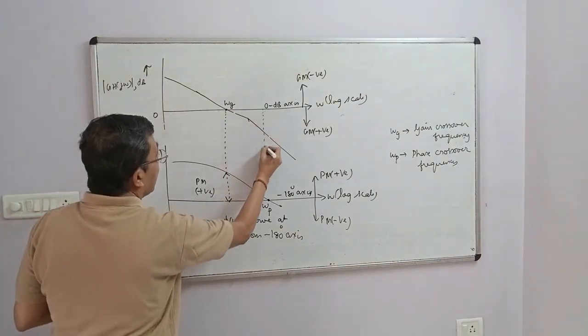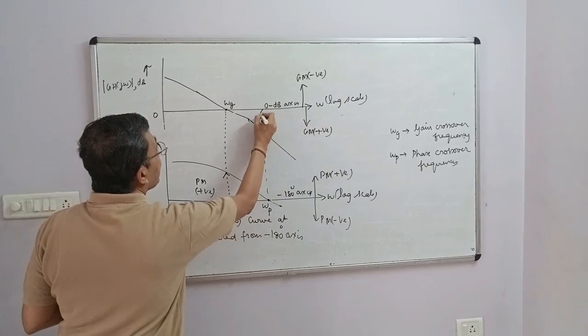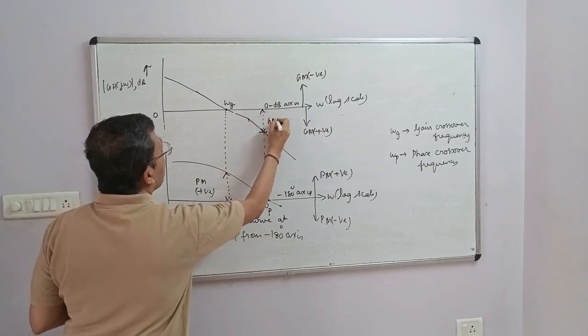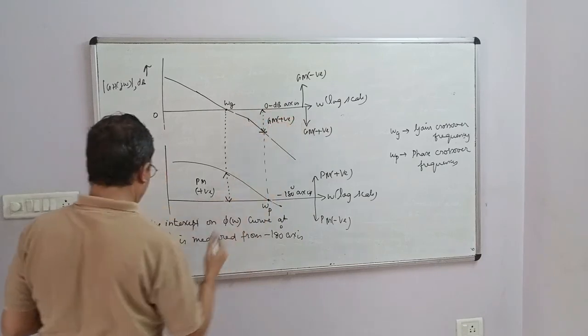This is the gain margin. Gain margin is positive below 0 dB axis.